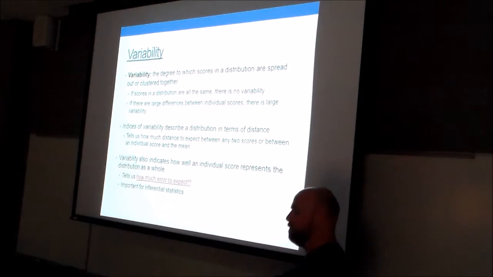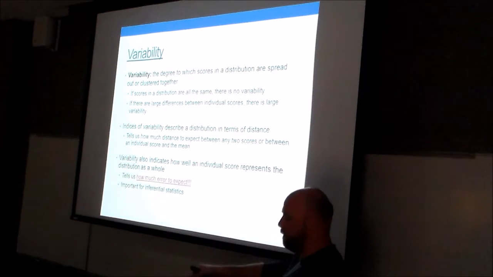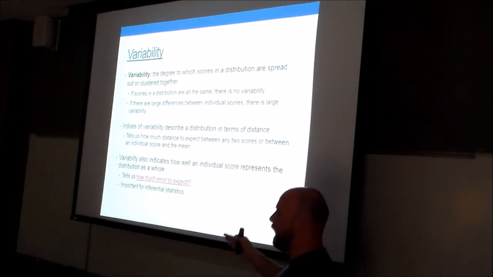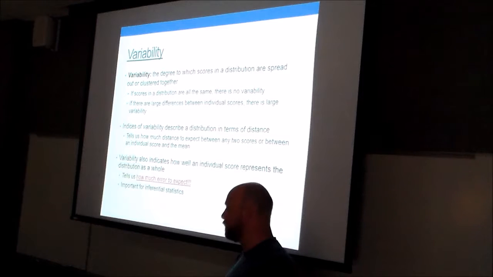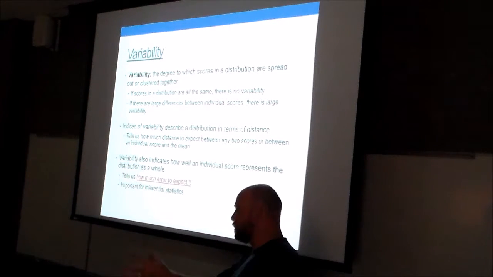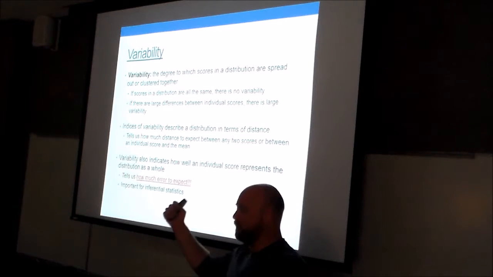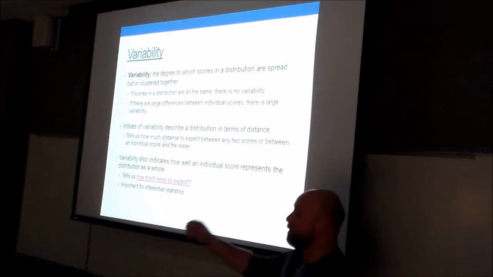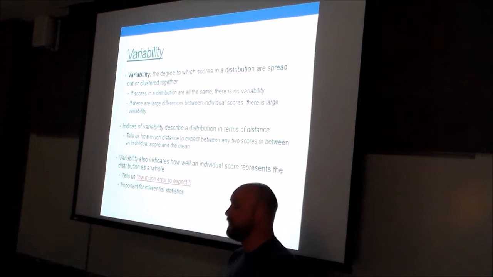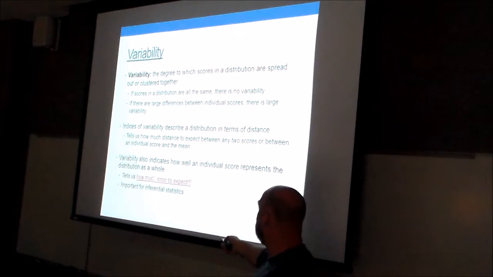One bin has low variability, one bin has high variability, and some outcome that I'm wanting depends on me selecting a score that's representative of the total bin. Do I want to be pulling from the bin with large variability or low variability? Low variability, right? I want to be pulling out of something where everybody's about the same.